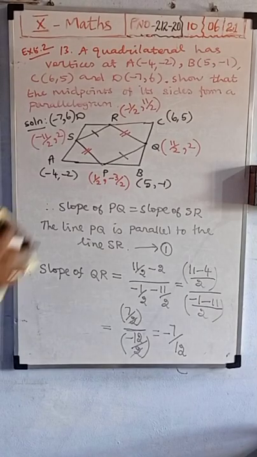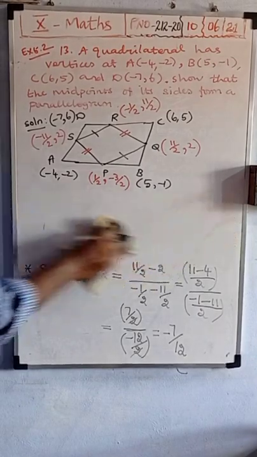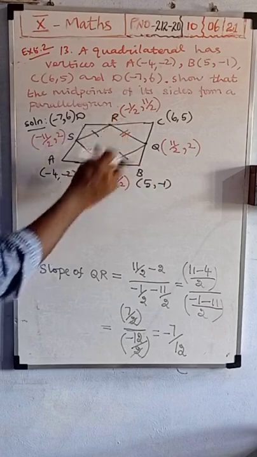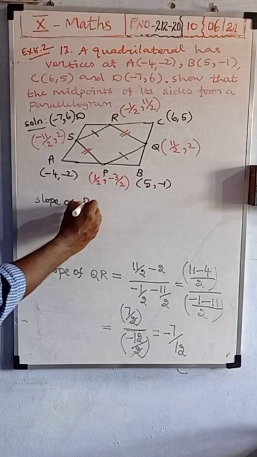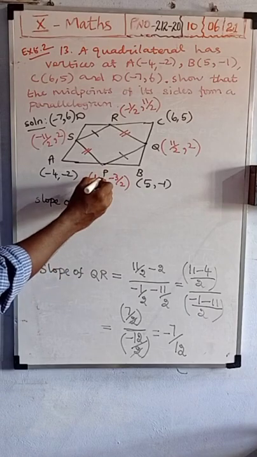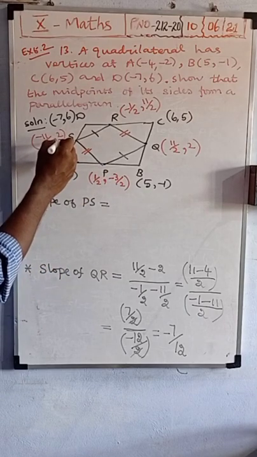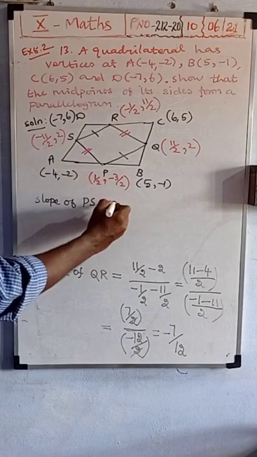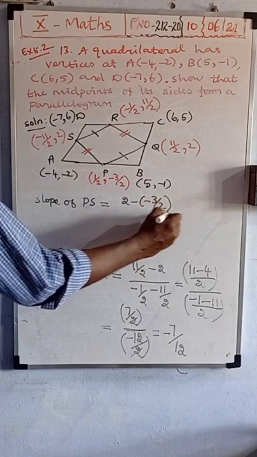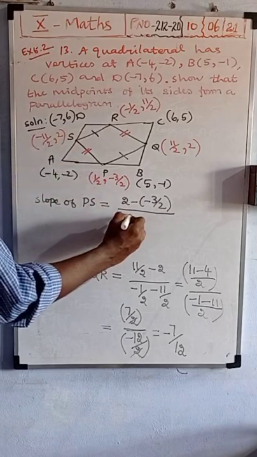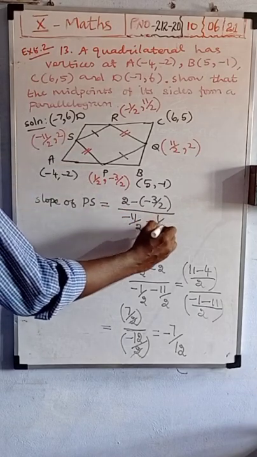Next, the slope of PS. Now P point is (x1, y1) and S point is (x2, y2). Then y2 minus y1 is 2 minus (minus 3 by 2), divided by x2 minus x1, which is minus 11 by 2 minus 1 by 2.